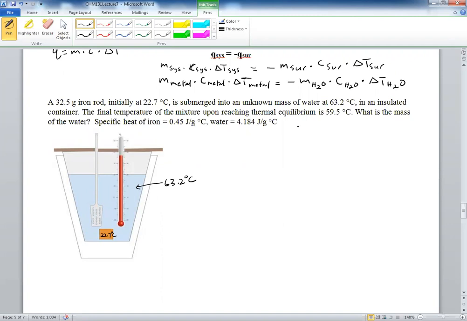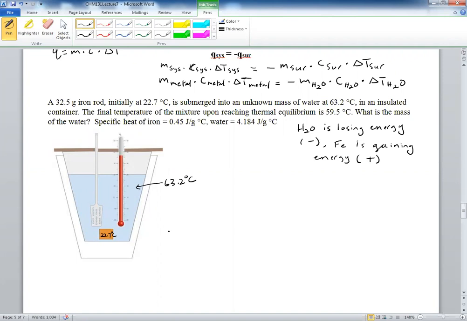So in this case, H2O is losing energy, which is going to be negative. And of course, iron is gaining energy, which is going to be positive.